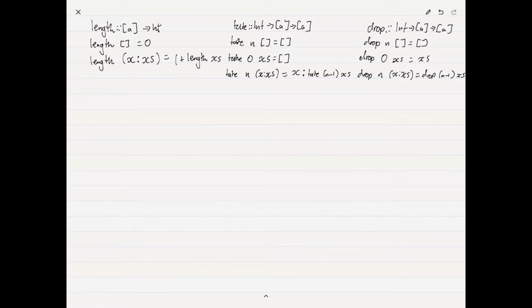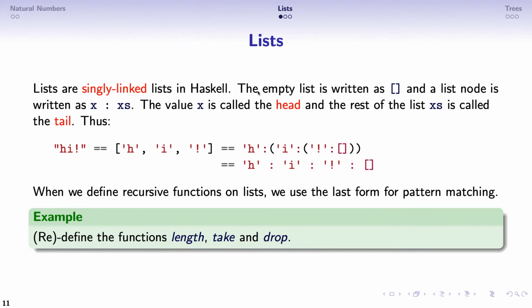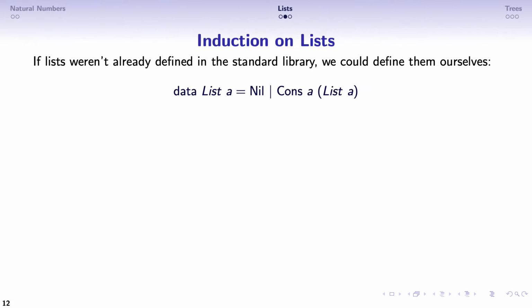So now how can we reason about lists in an inductive way? Well, as I mentioned in the last lecture, we could have defined lists ourselves with slightly different syntax just by writing a data type definition. We'd say there's a constructor called nil, which just makes a list of anything.